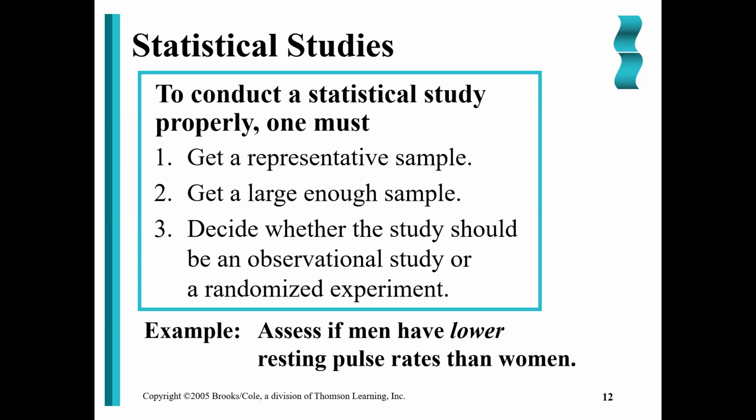They're basically whoever answers the ad and they meet the qualifications, they're in the study. And what's the problem with that? Well, the sample of people that are in the study don't necessarily represent the population.